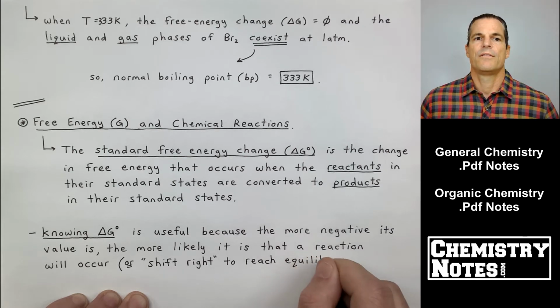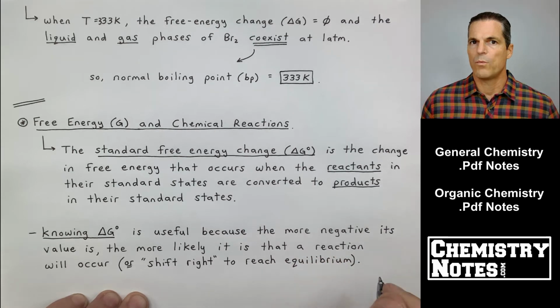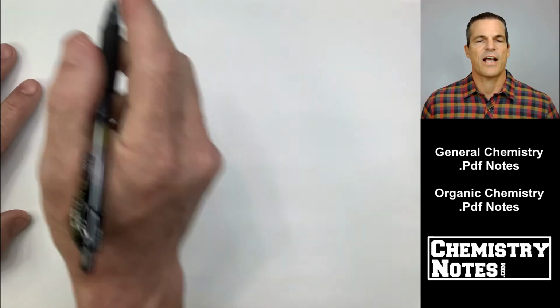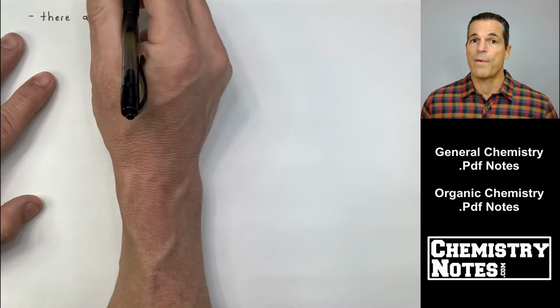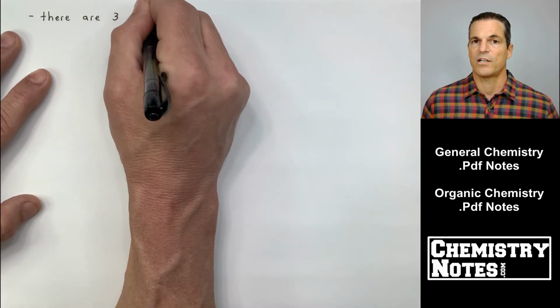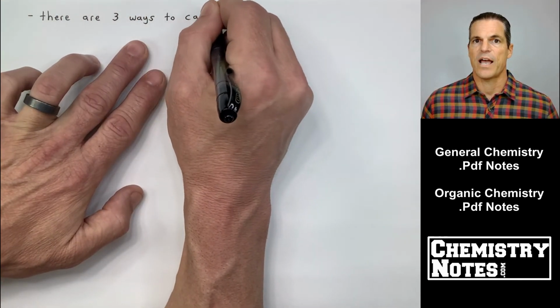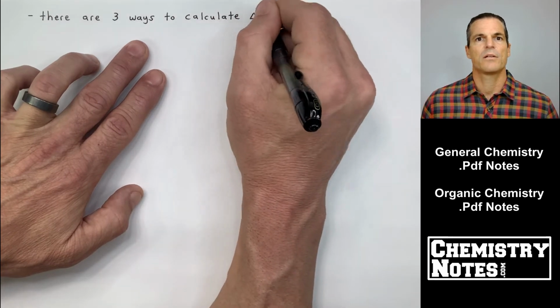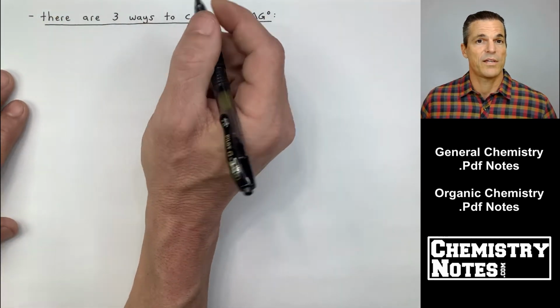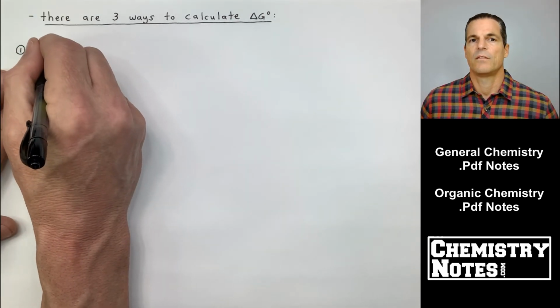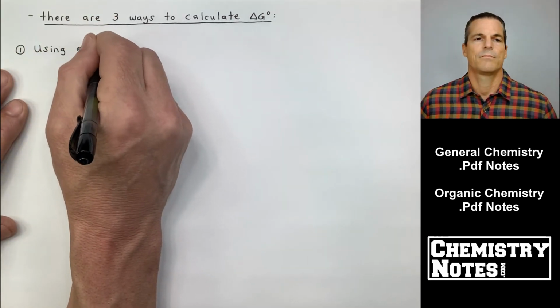So I've already mentioned that there's one way so far that we've learned to calculate delta G. There's actually 3 ways to calculate delta G. If you remember way back in section 6 when we talked about delta H, enthalpy of reaction, right? The heat of a reaction. There were 3 ways to calculate delta H. Well, there's also 3 ways to calculate delta G. Number 1 we've already seen.